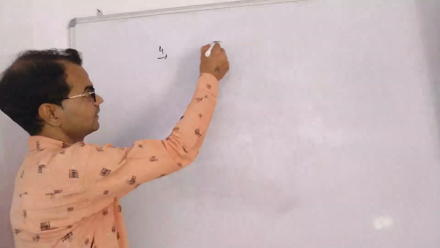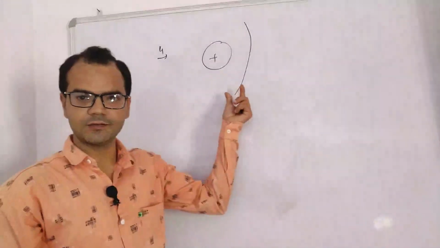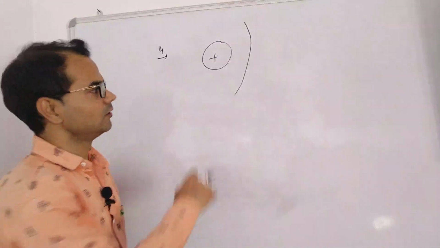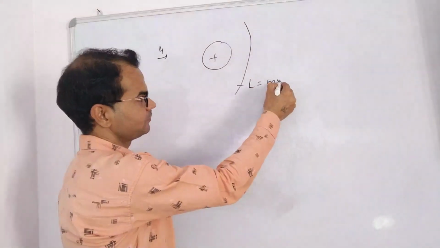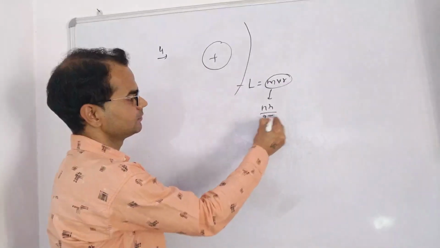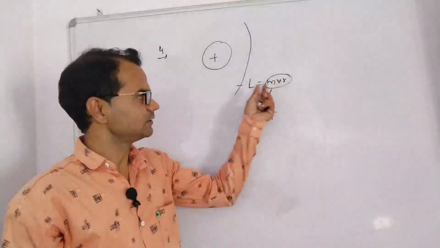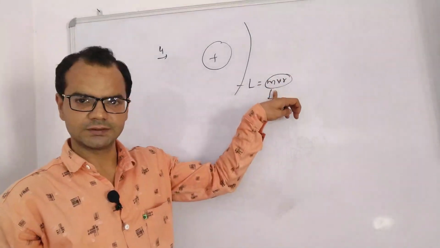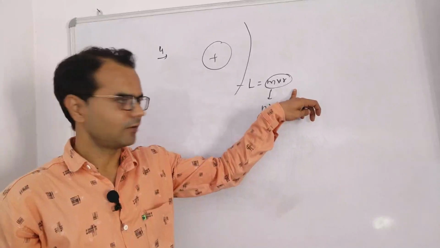he concluded that an electron can revolve in that orbit whose angular momentum is an integral multiple of nh by 2 pi. L here is angular momentum and its value is mvr. Again m is the mass of the electron, v is the velocity of the electron, r is the radius of the orbit.